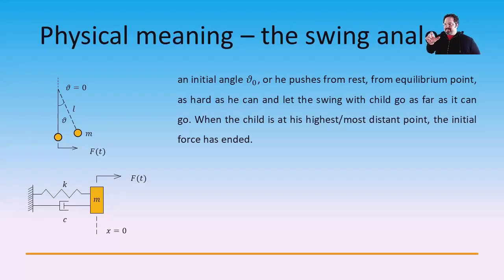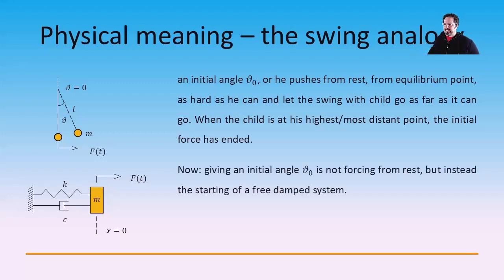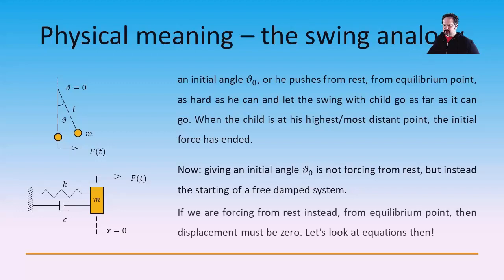When the child is at his highest or most distant point, the initial force has ended. Now, giving an initial angle theta 0 is not forcing from rest, but instead the starting of a free damped system. If we are forcing from rest instead, from equilibrium point, then displacement must be 0.